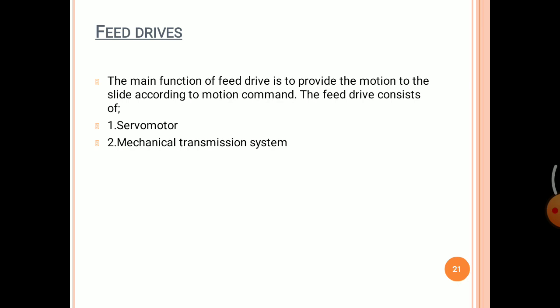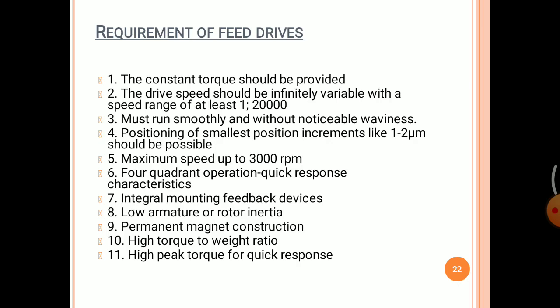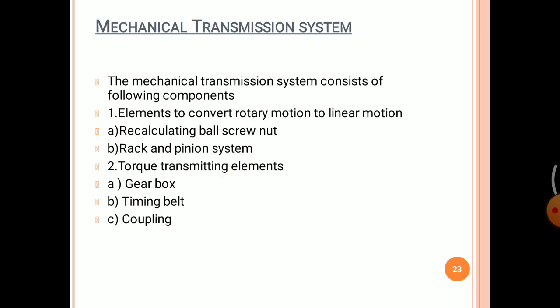Okay. Now, the mechanical transmission system. Mechanical transmission systems are used to convert rotary motion into linear motion. There are two types: recirculating ball screw and nut, and rack and pinion system.